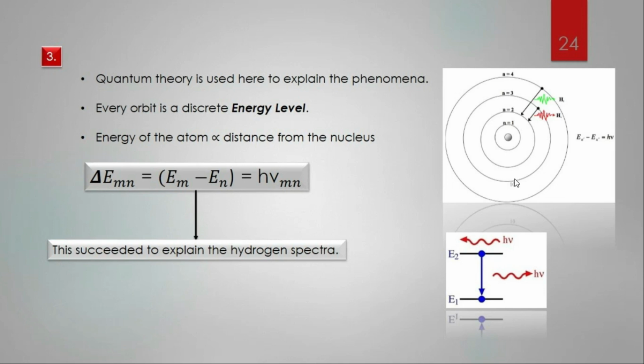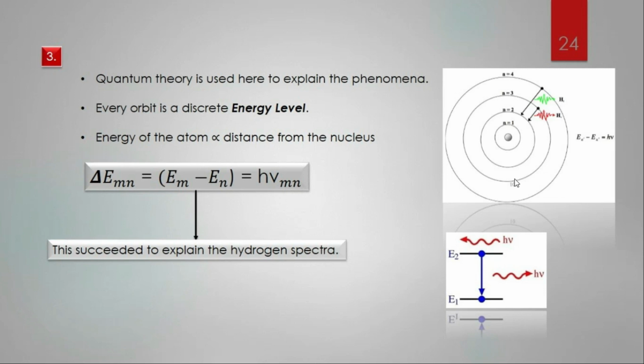So if an electron travels from a higher orbit to a lower orbit, it will emit electromagnetic radiation. The amount of energy exchanged in this process is delta E_mn equals E_m minus E_n equals h nu_mn, where E_m is the energy of the initial energy level, E_n is the energy of the final energy level, and nu_mn is the frequency of that emitted or absorbed energy.